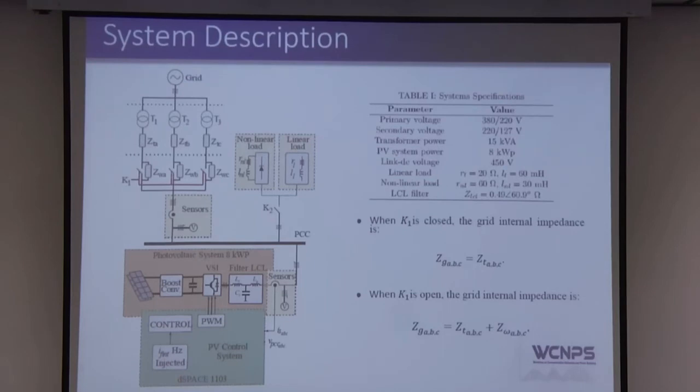The point of common coupling is connected to the main grid through a three-phase 15 kVA transformer. Between the PCC and the transformer, there is an additional impedance that is normally short-circuited, and this is used to emulate a change in the grid impedance.